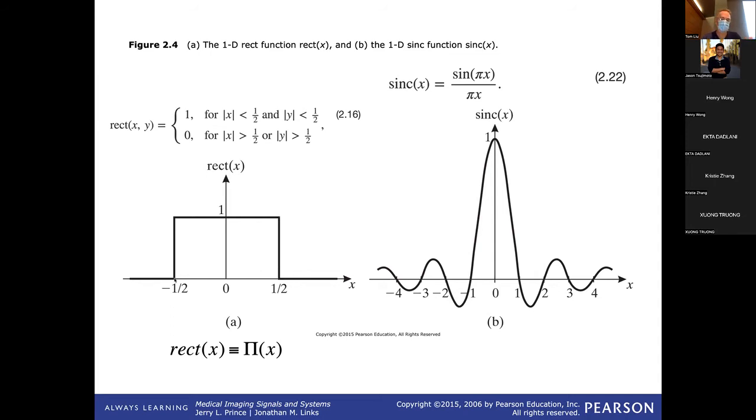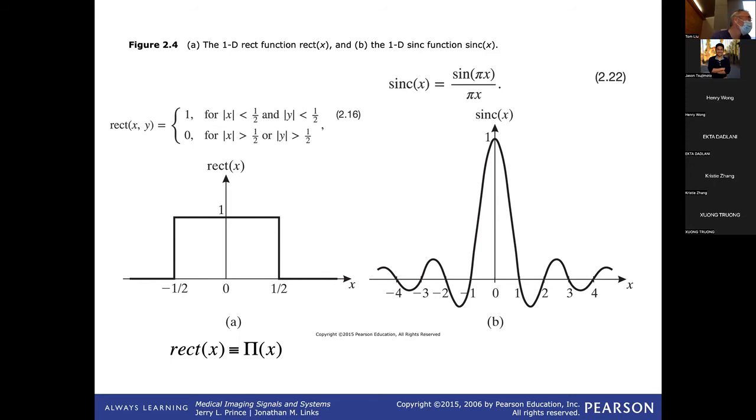So it's 1 in dimension x and 1 in dimension height. That's the rectangle function. And that's extremely useful for things like masking. If you want to multiply a portion of the image by a mask, you can just move this rect function around and multiply it.